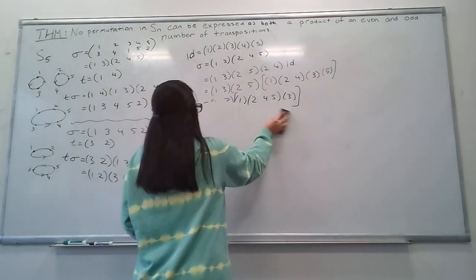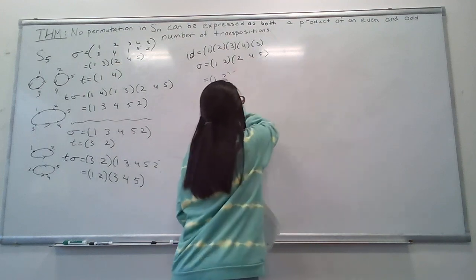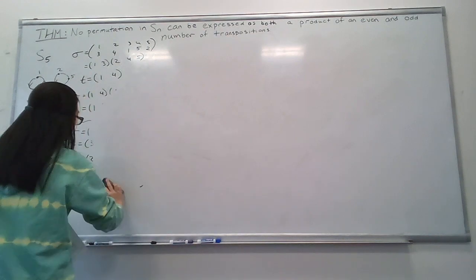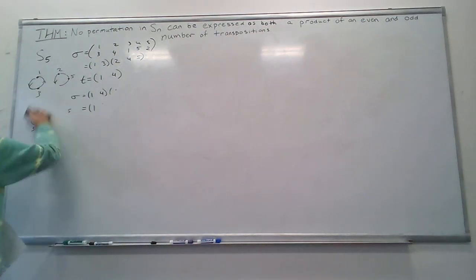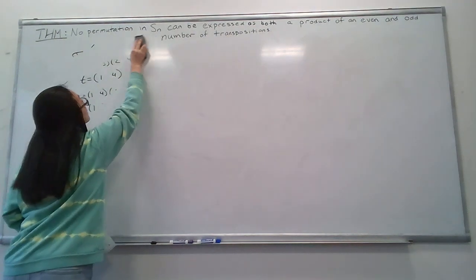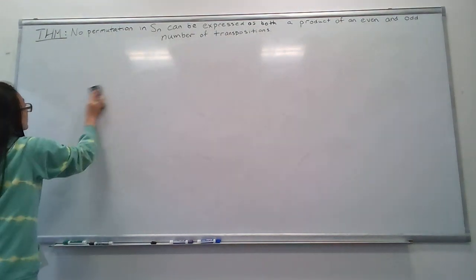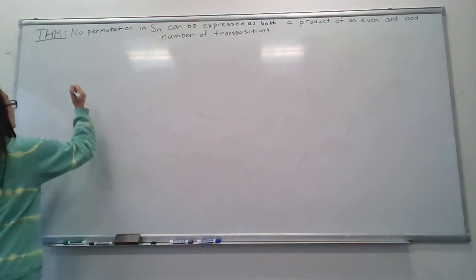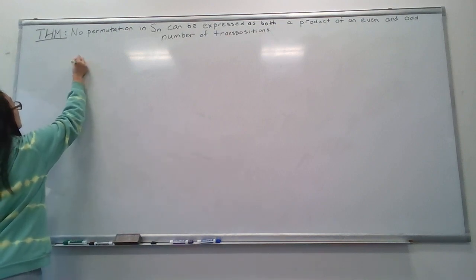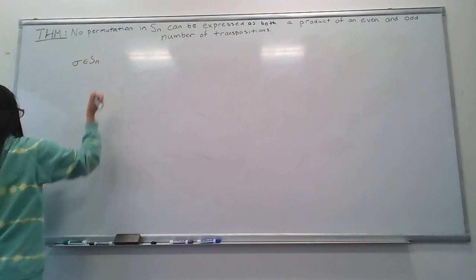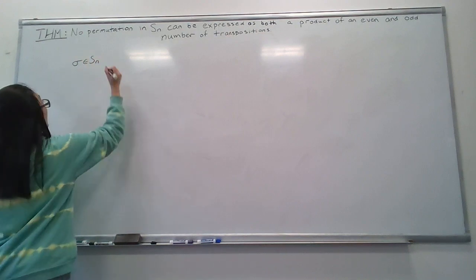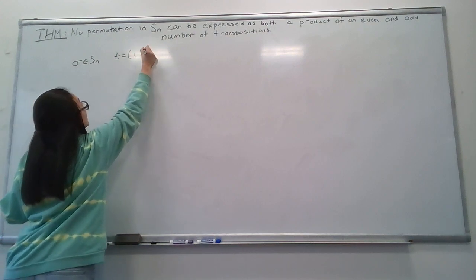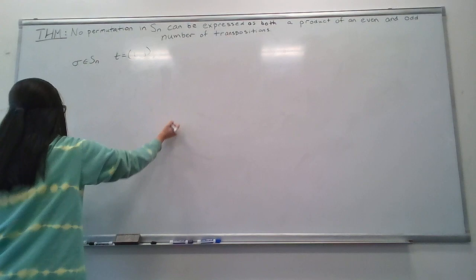Now moving on to our actual proof. Let's now take a permutation in Sn and have the transposition (i, j) in Sn.